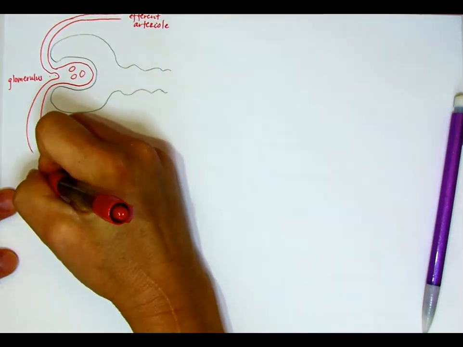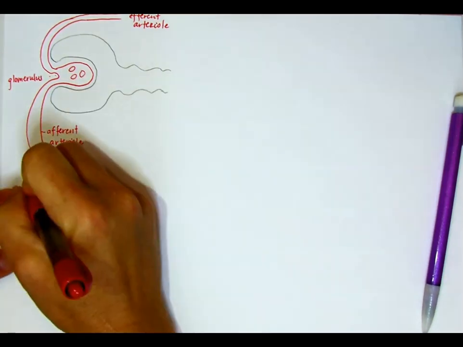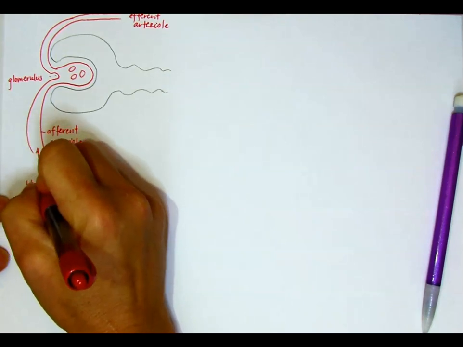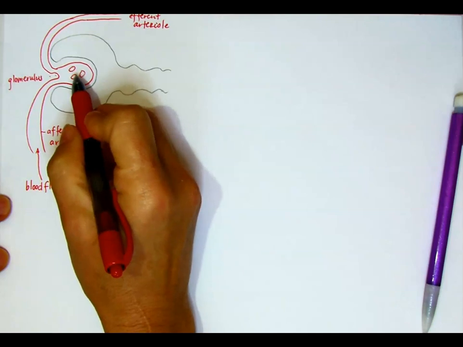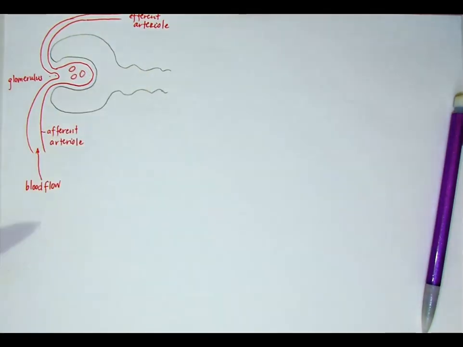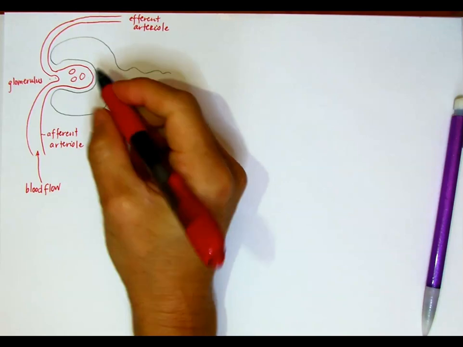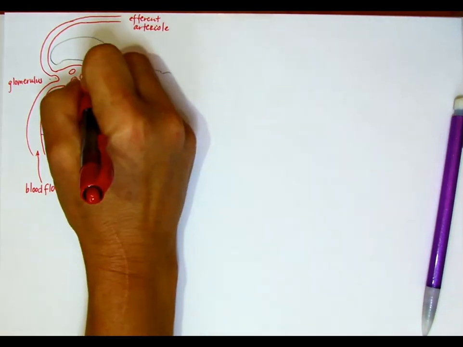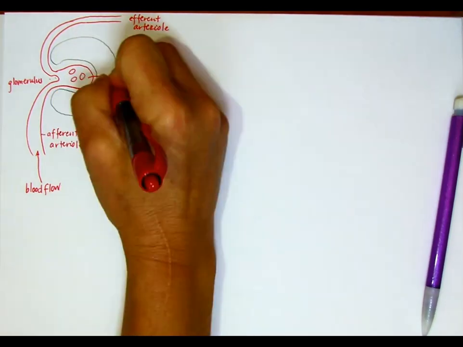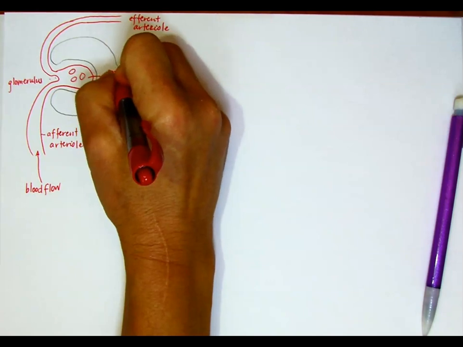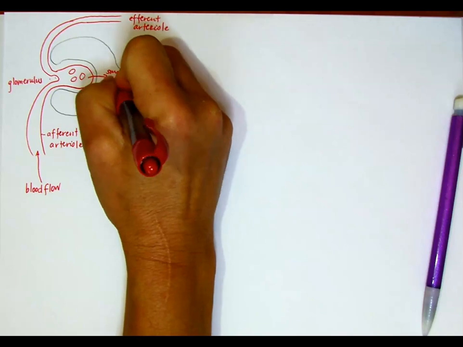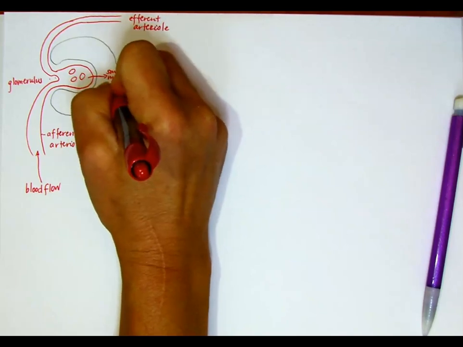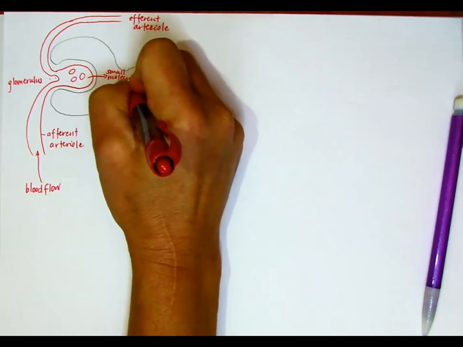Comes in through the afferent arteriole, yes? It's going to enter my capillary bed, the glomerulus. So remember that these spaces are large enough to let small molecules and small proteins, which can also be enzymes, yes? So, some small proteins, okay, into the bowl, the Bowman's capsule.